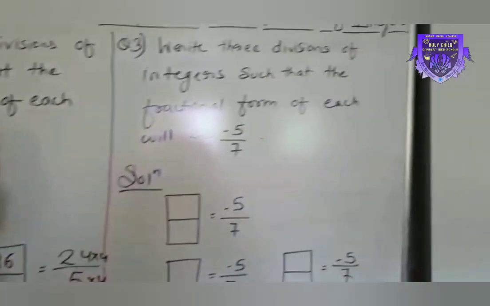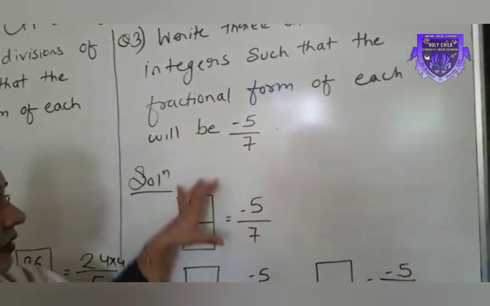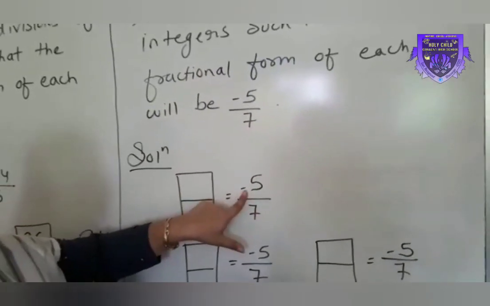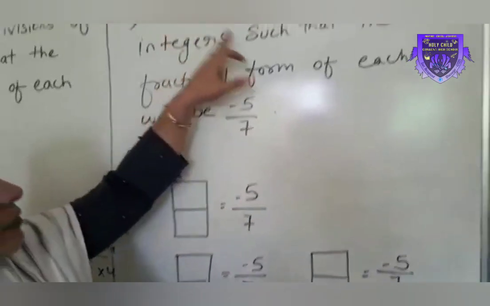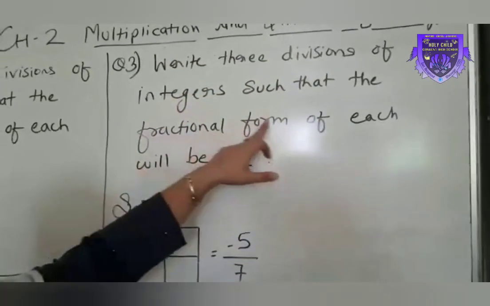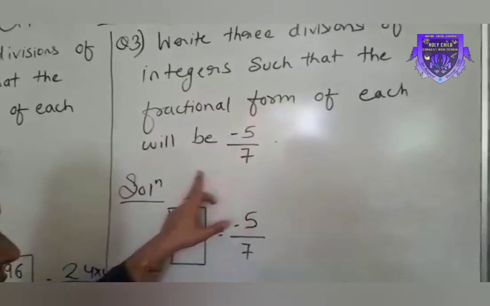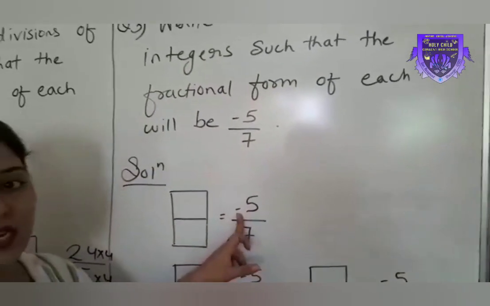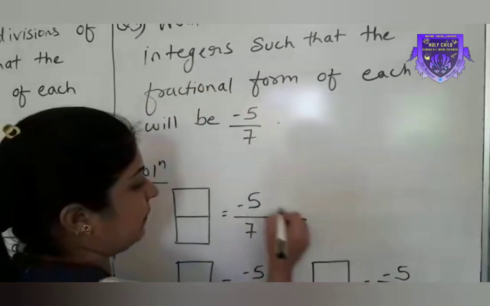Next question number 3. Same type of question is given here also, but here we are given a negative integer in the numerator. Okay. Write three divisions of integers such that the fractional form of each will be -7 upon 5. Here we are given a negative integer in the numerator. So we have to multiply.